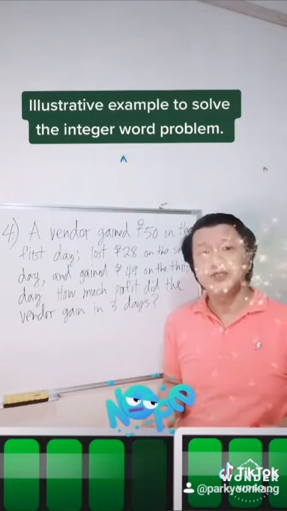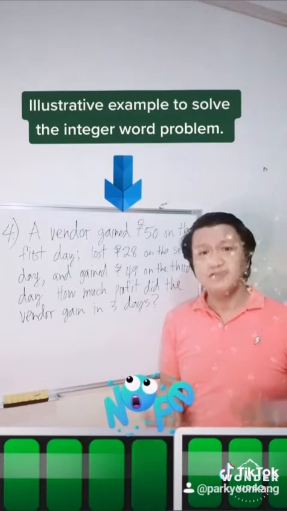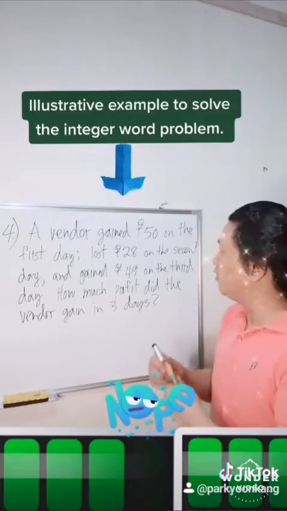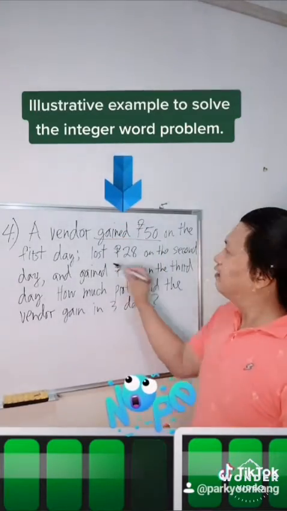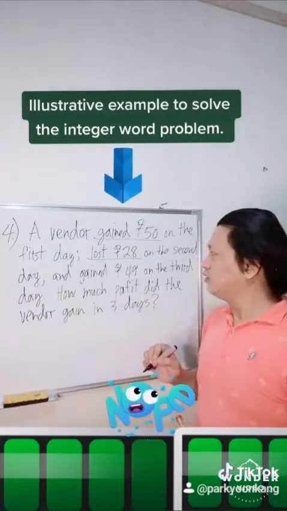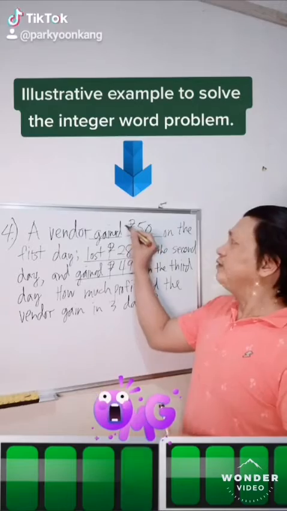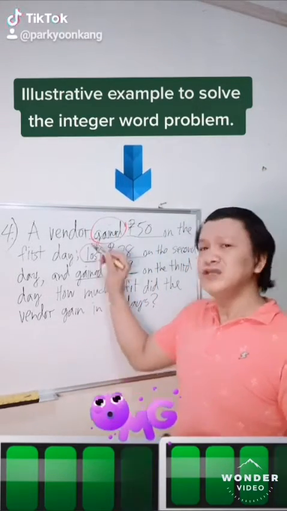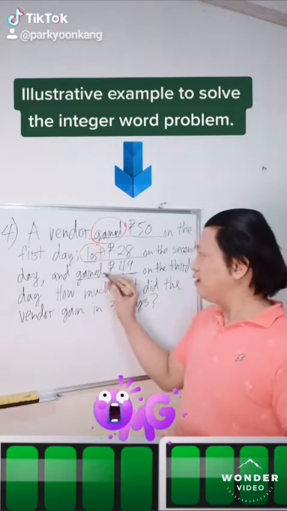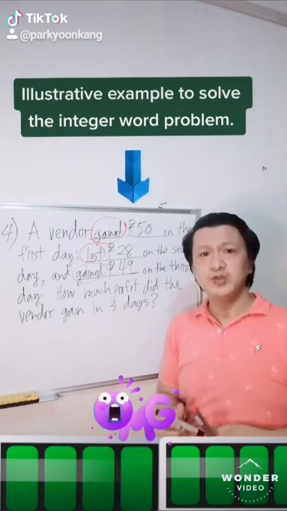Just simply, the first step is identify first the given. So we have gain 50 pesos and then lost 28 pesos and gain 49 pesos. The word gain refers to positive, and the word loss is simply negative, and the gain is also positive.